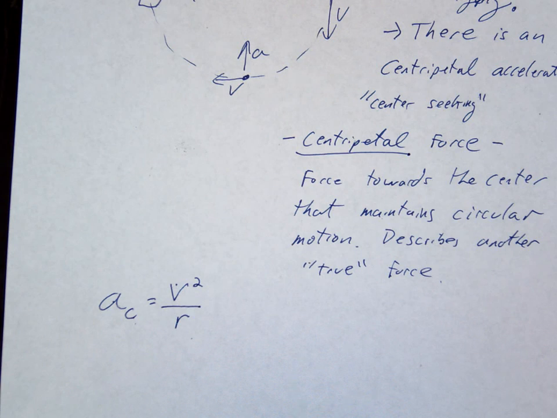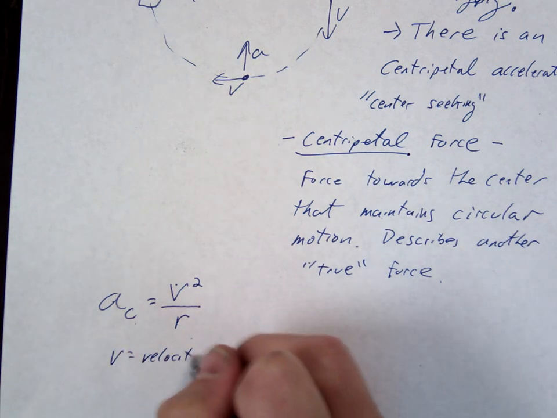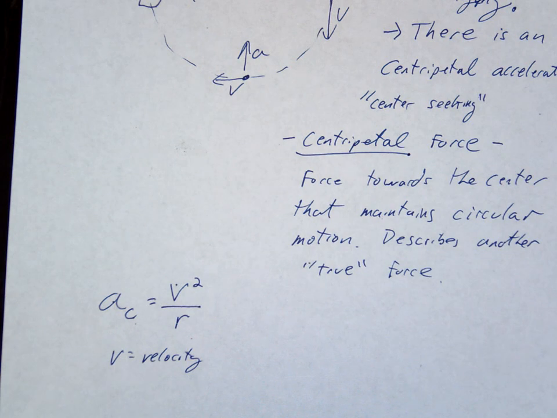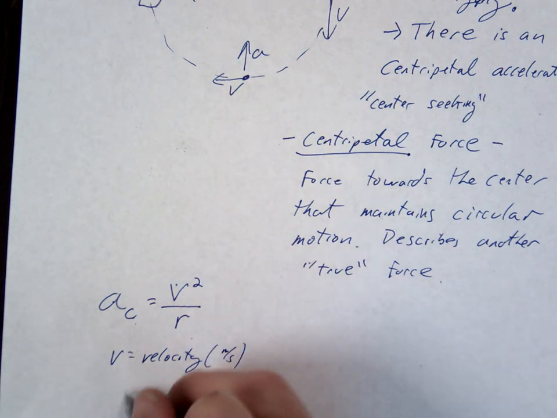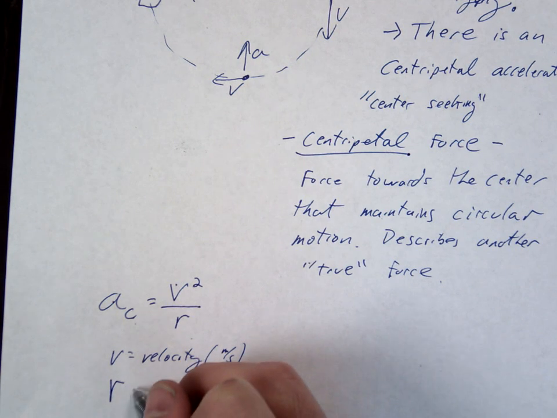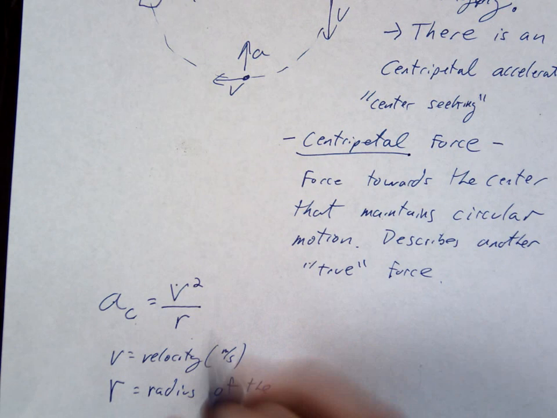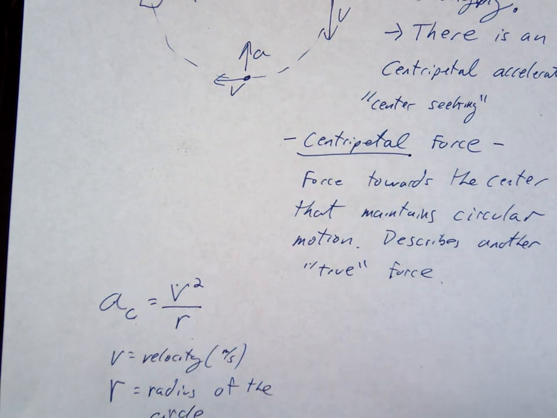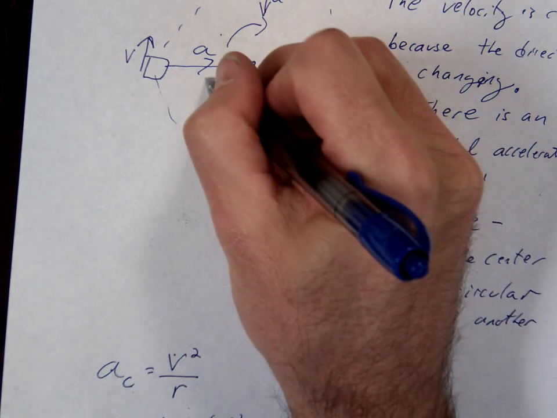So what is v? That's easy, that's the velocity, how fast it's moving. And what do you think r is? It's the radius of the circular path being taken, and usually it's kind of obvious. In this case, it's basically the length of the string. That would be our radius, r.